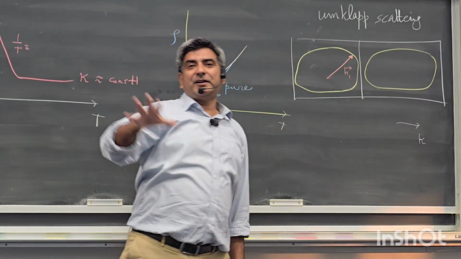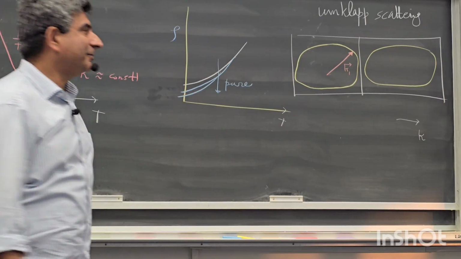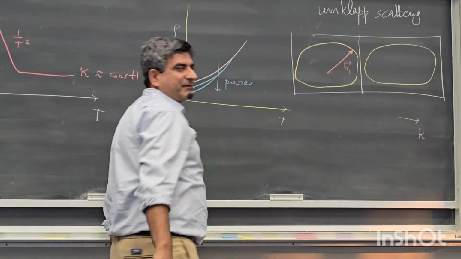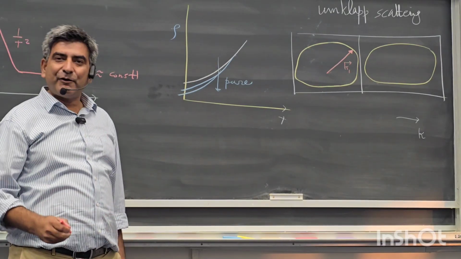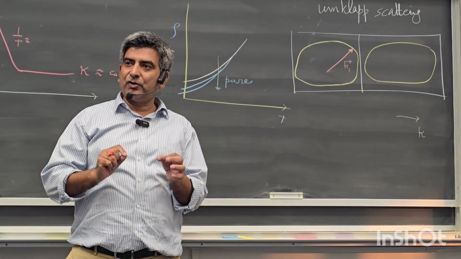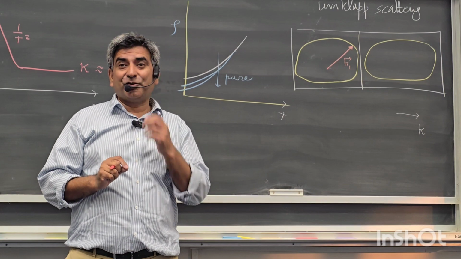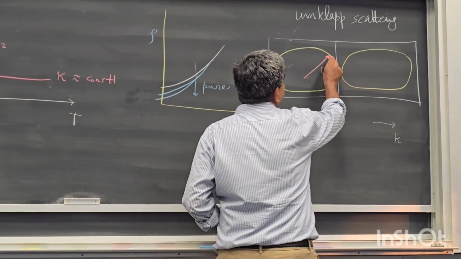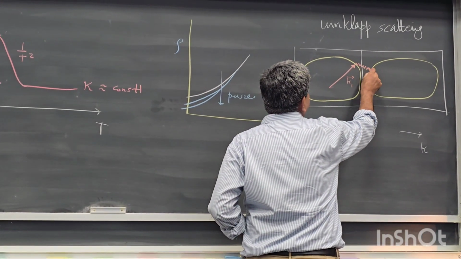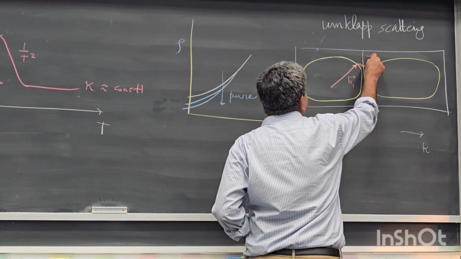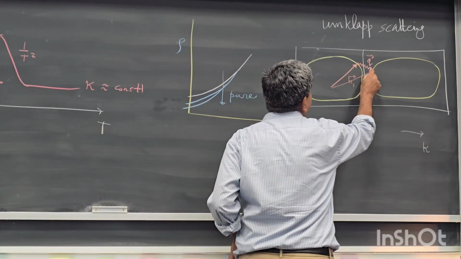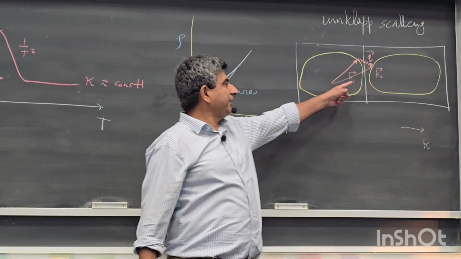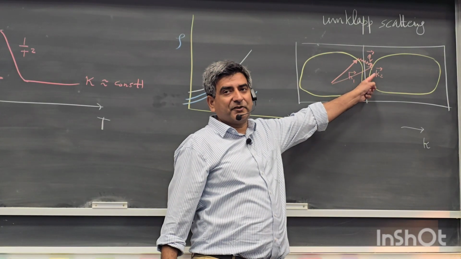Now phonons are not available, the temperature is low, phonons are not available so that a transition from K1 to the other side of the Fermi sphere can take place. However, small wave vector phonons are still available. So you can have a phonon with a small wavelength q that takes this electron to a neighboring Brillouin zone, and still you remain at the Fermi sphere, at the Fermi boundary.